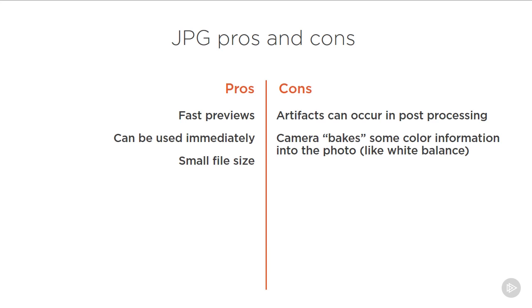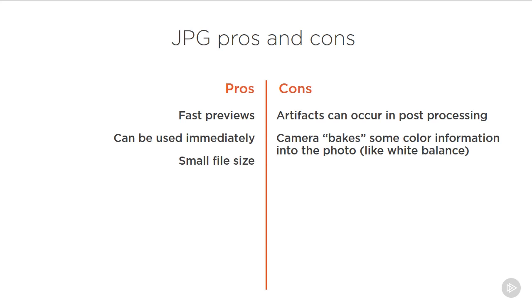Now, something else as well is that the camera will actually bake some of that color information into the photo because it compresses it down into the data file. Once again, due to the technical limitations of JPEG images, it actually bakes that into the photo. Now, when it comes to a raw file, you're going to get plenty of colors for your post-processing.